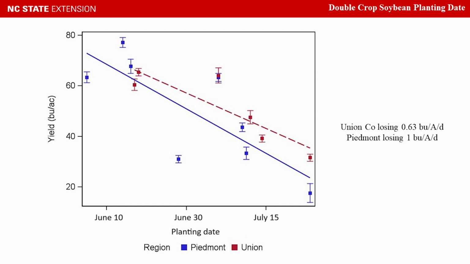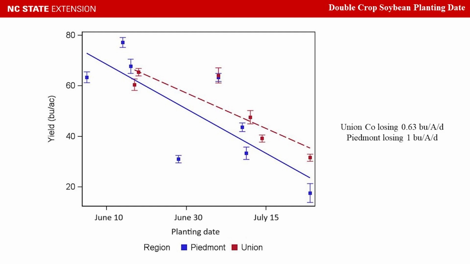If you were in other parts of the Piedmont, you'd be losing 1 bushel per acre per day, so a bit more severe yield loss in other parts of the Piedmont, especially in the mountains, Yadkin County, where we've done a lot of testing. But nonetheless, even in this environment, our data has shown a considerable amount of yield loss for every day delay in planting past early June.